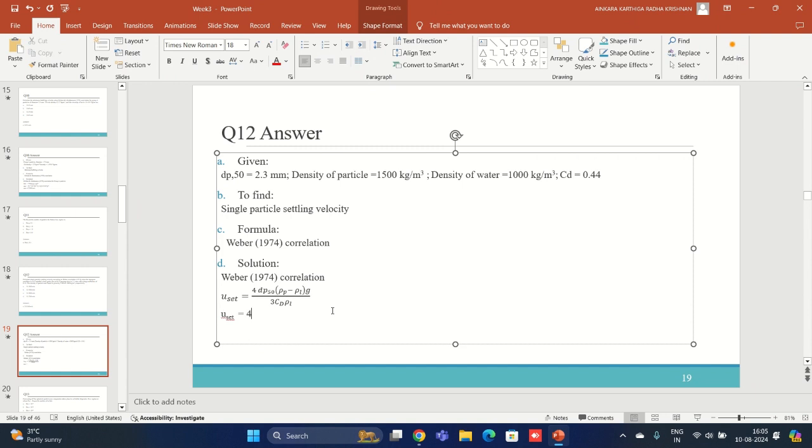Sorry, one more thing is missing. It is to the power of 1 by 2.